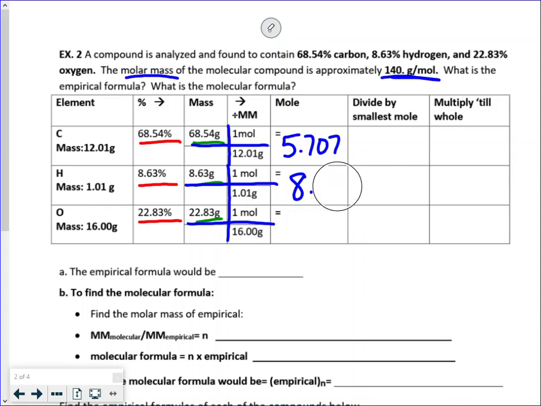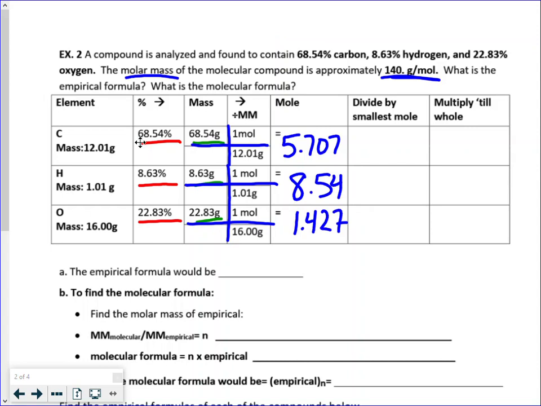If I wrote that wrong, it's 5.4. Transpose my numbers. There we go, better. 22.83 divided by 16 for oxygen, and you keep 4 digits here, 1.427.